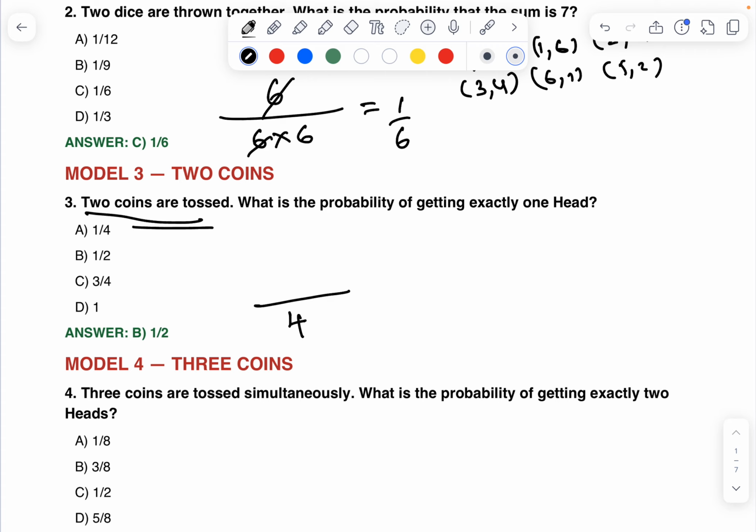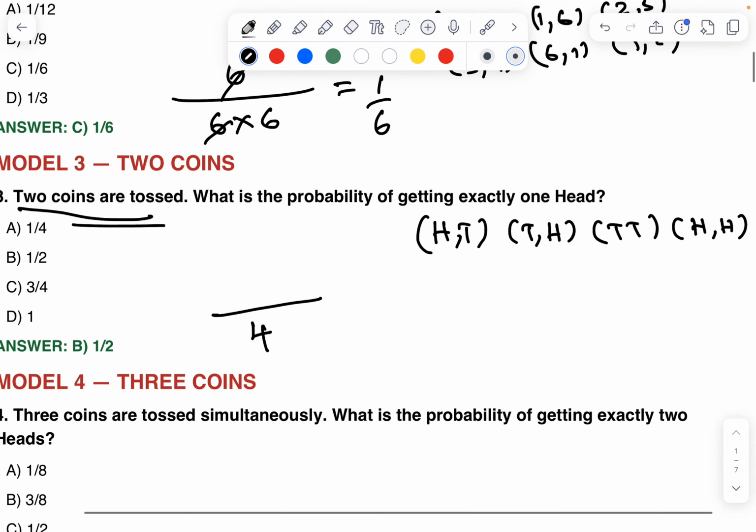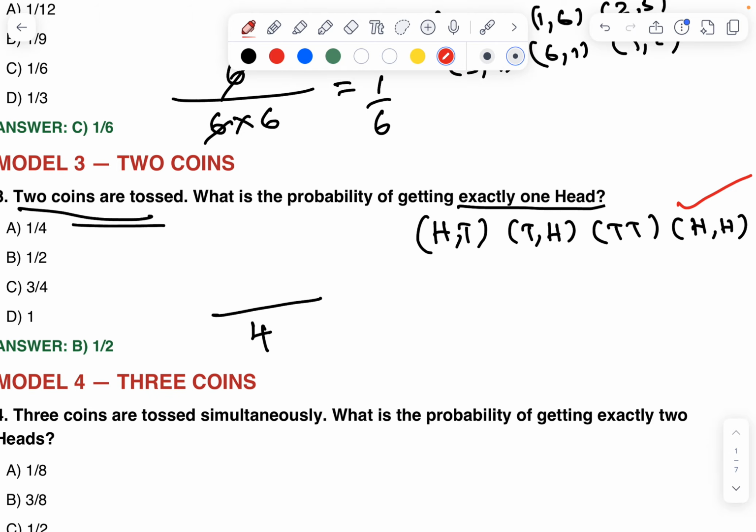Therefore, denominator 4. Head, tail, tail, head, tail, and head. These are the total outcomes, 4. But here we want only exactly one head. How many? There is only one thing. Therefore, answer is 1 by 4.